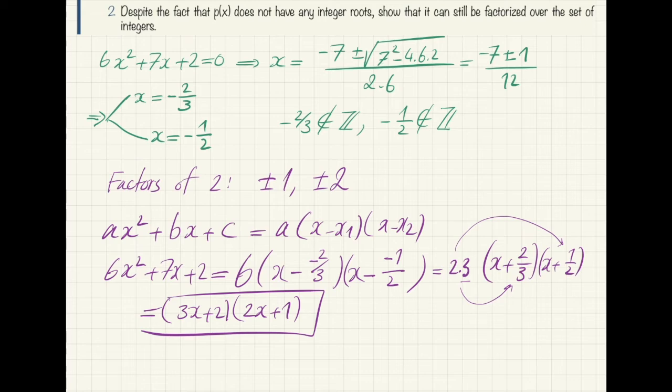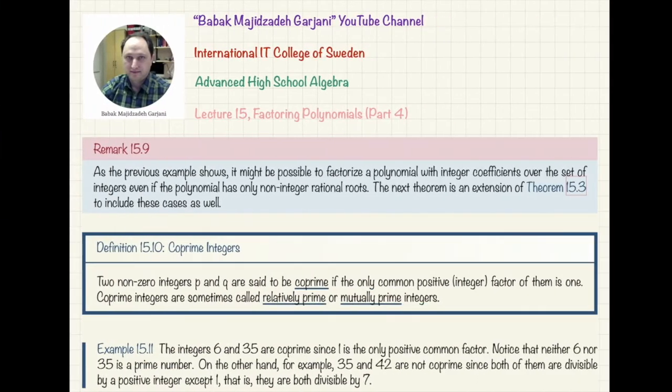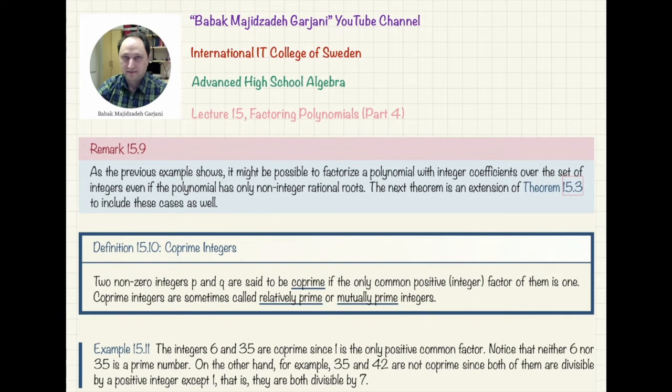Okay, so now let us go to the next page. This remark was actually what I described on the previous page. So it might be possible to factorize a polynomial with integer coefficients over the set of integers, even if the polynomial has only non-integer rational roots.